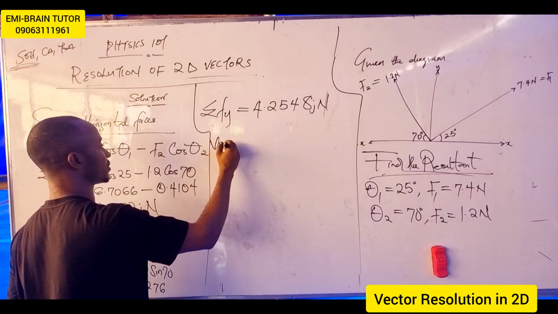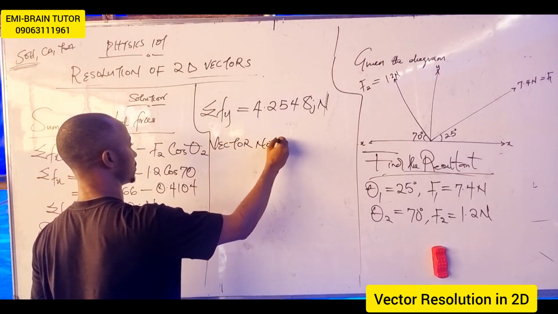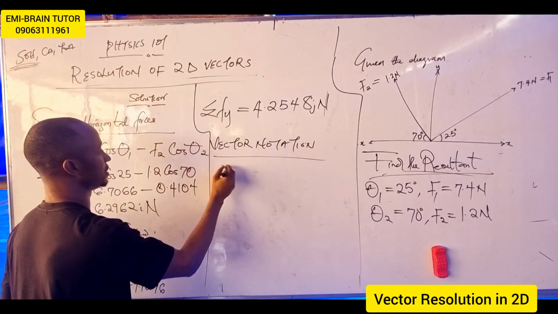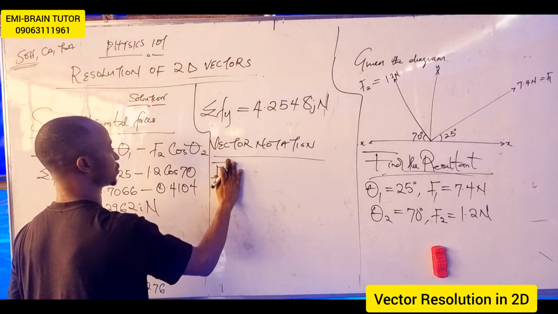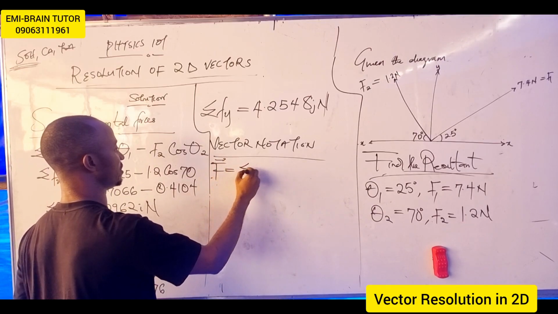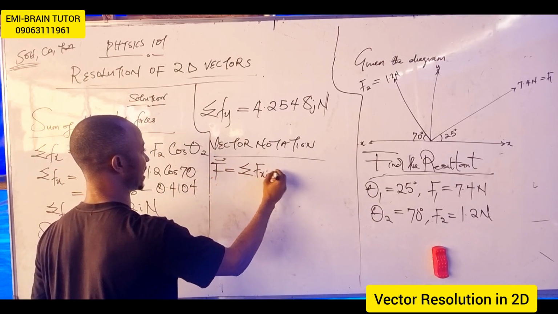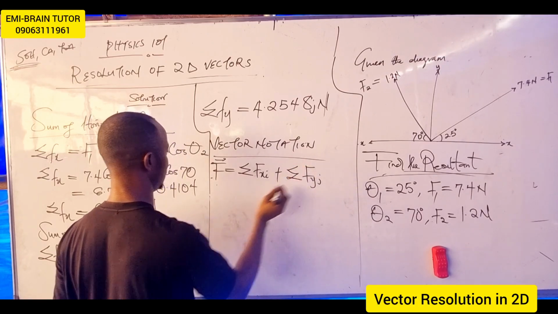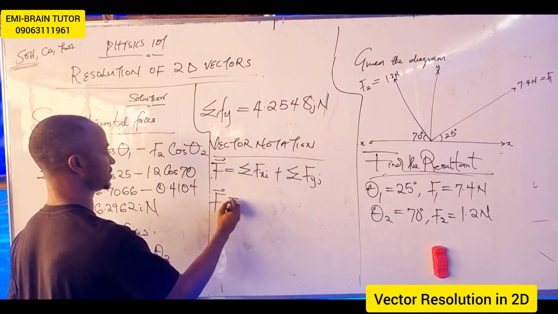Now let's find our vector notation of the resultant force, right? What will it be? Sum, sorry, F, right? It gives us sum of Fx i plus sum of Fy j. So our F becomes what?